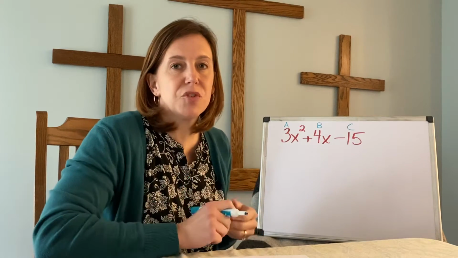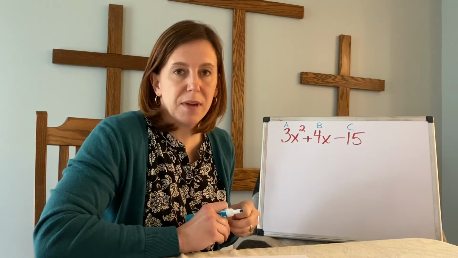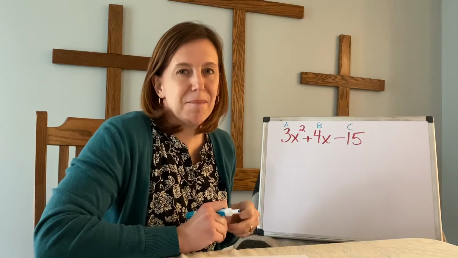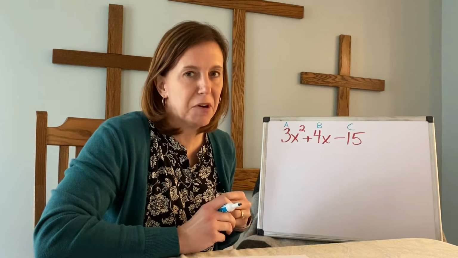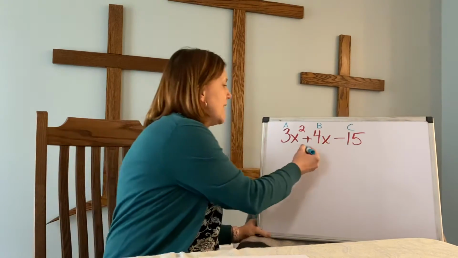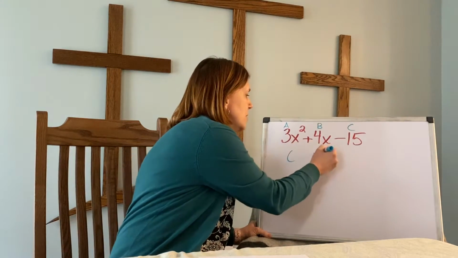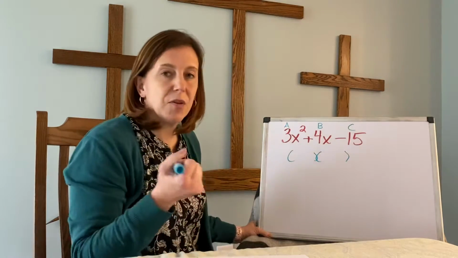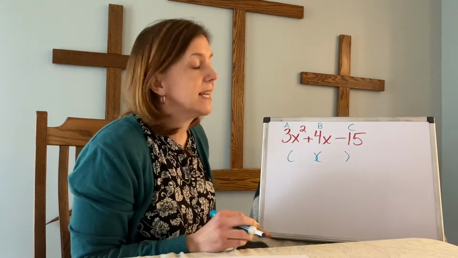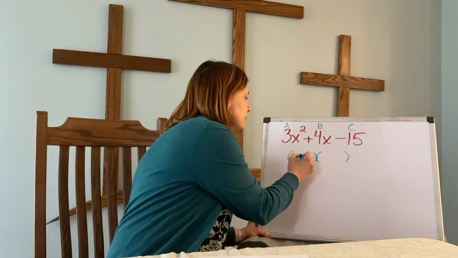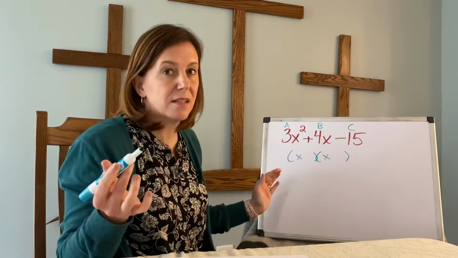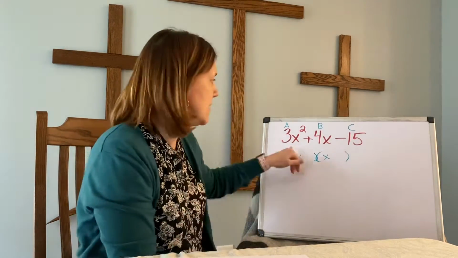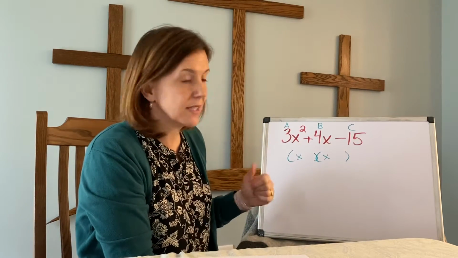I want to take a couple minutes to show you why that makes factoring a little bit more difficult. I know that if I have these 3 terms, I'm going to end up with 2 binomials being multiplied together. And I know from last week that my first terms are going to be x and x. That's the only way to multiply 2 things together to get x squared in this case.